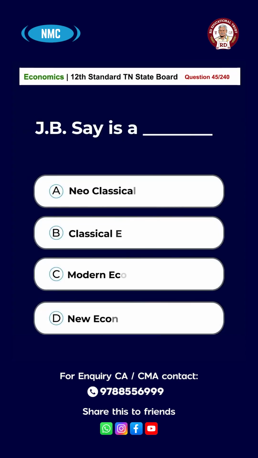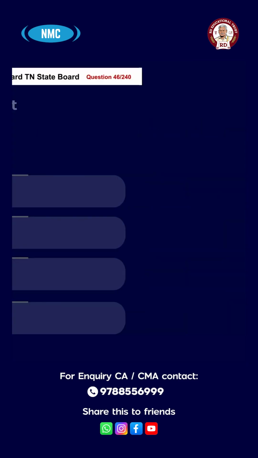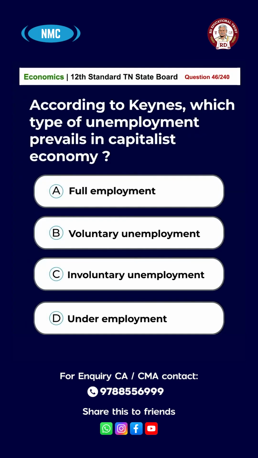Question number 45. J.B. Say is a option A. Neoclassical economist, B. Classical economist, C. Modern economist, D. New economist. The answer is option B. Classical economist. Question number 46. According to Keynes, which type of unemployment prevails in capitalist economy?